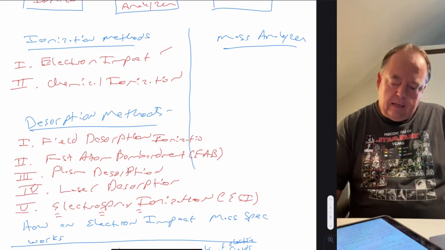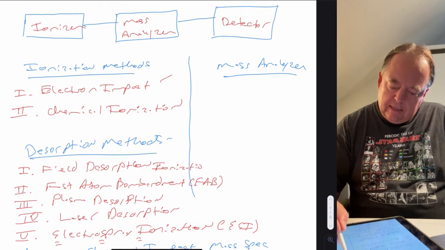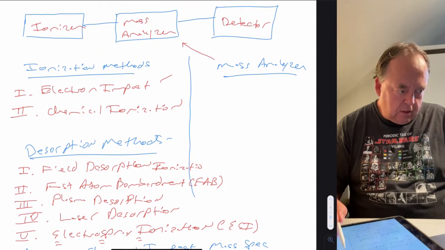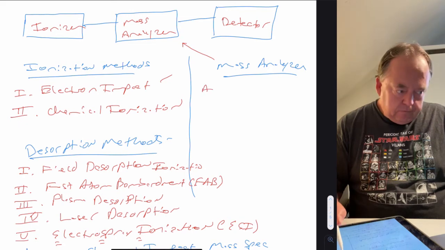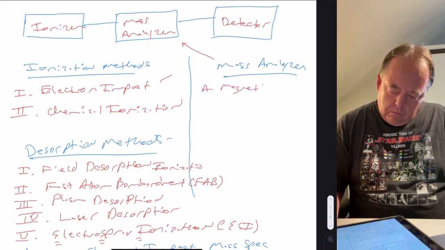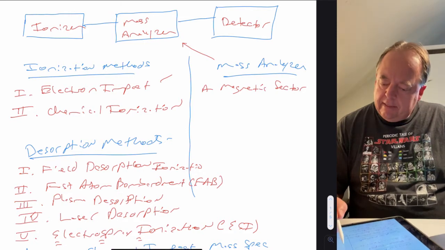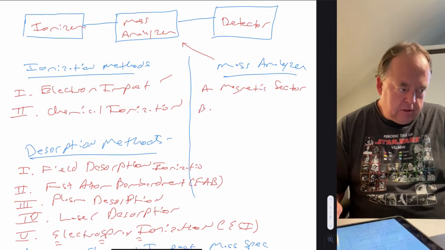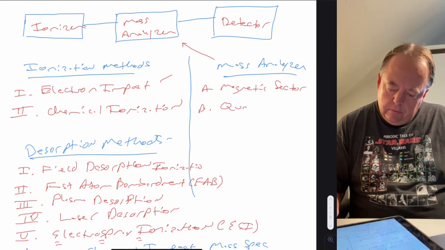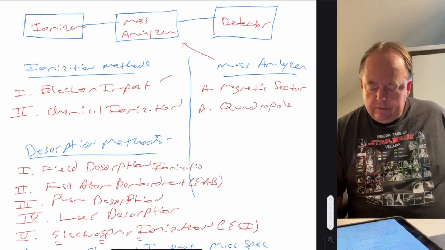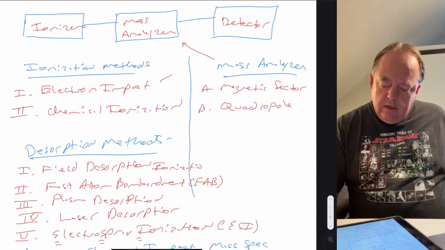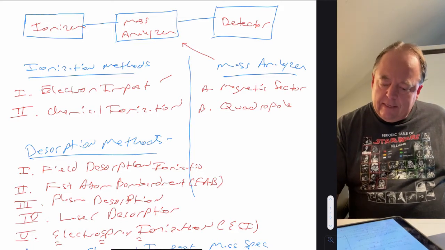In terms of mass analyzers, there are different mass analyzers that you can have in a mass spectrometer. You can have what's known as a magnetic sector, and we're going to talk about that one in just a minute. A quadrupole. We have several mass spectrometers in the chemistry department at A&M Commerce. We have some with magnetic sector.